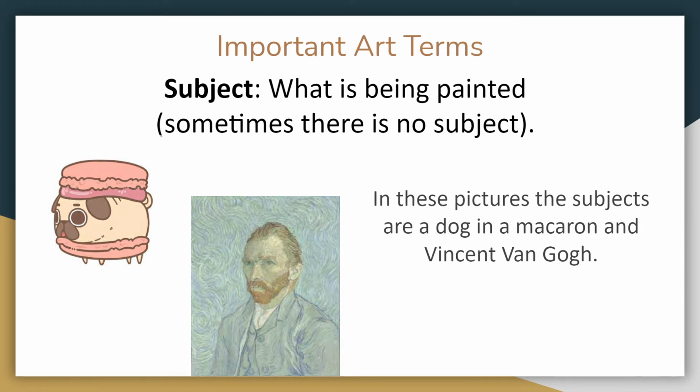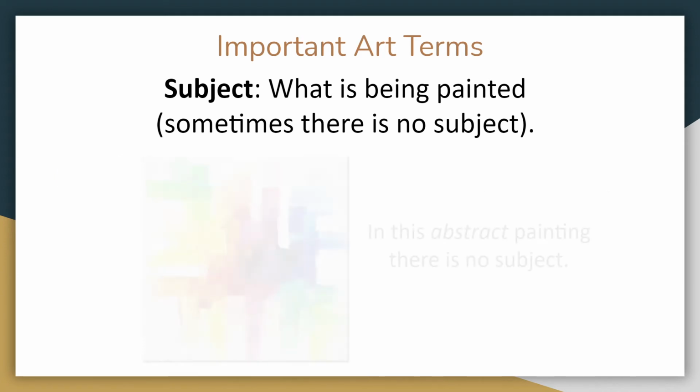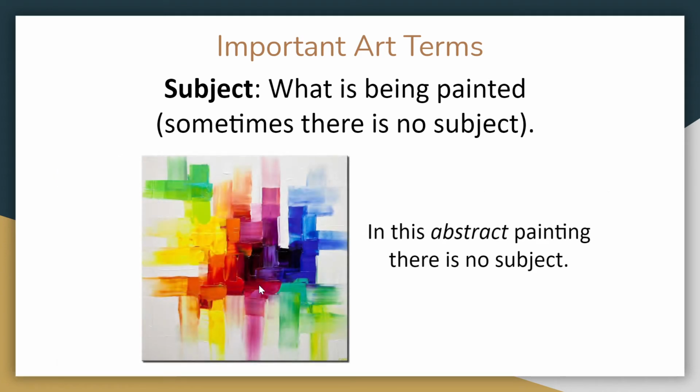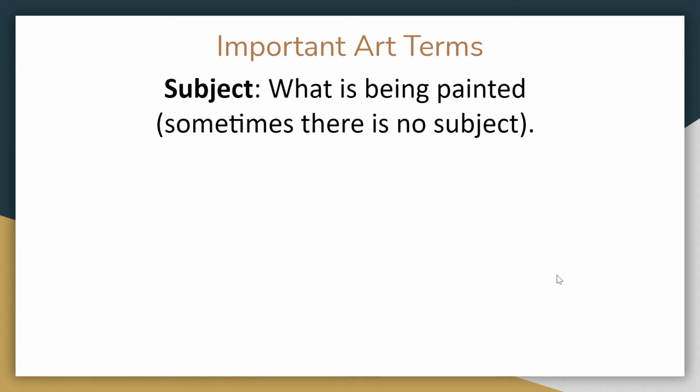Now, if we look at this painting, in this abstract painting, there is no subject, right? It is not a painting of anything. There is no subject. We look here.